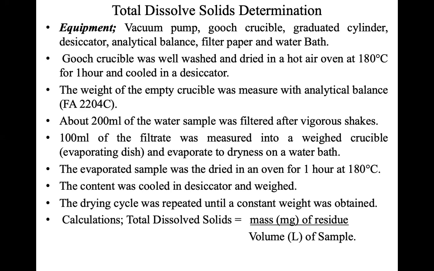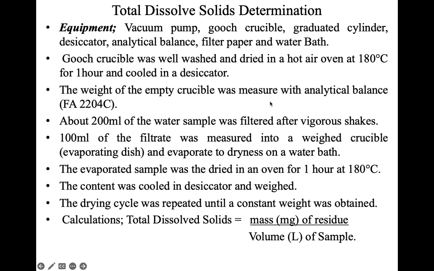Now, to determine the TDS experimentally without using a probe, you need your vacuum pump, your Koch crucible, your graduated cylinder, your desiccator, your analytical balance, a filter paper, and a water bath.